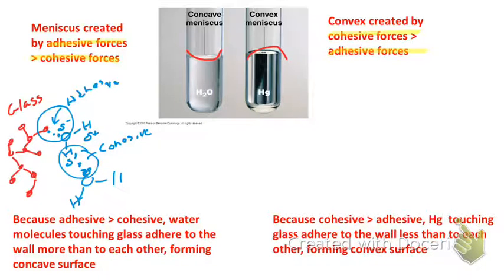And we see this a lot with trees. For instance, water is found in the ground, and so the small veins within the trees cause the water to rise through capillary action up to the leaves of the trees where it can be used for photosynthesis.